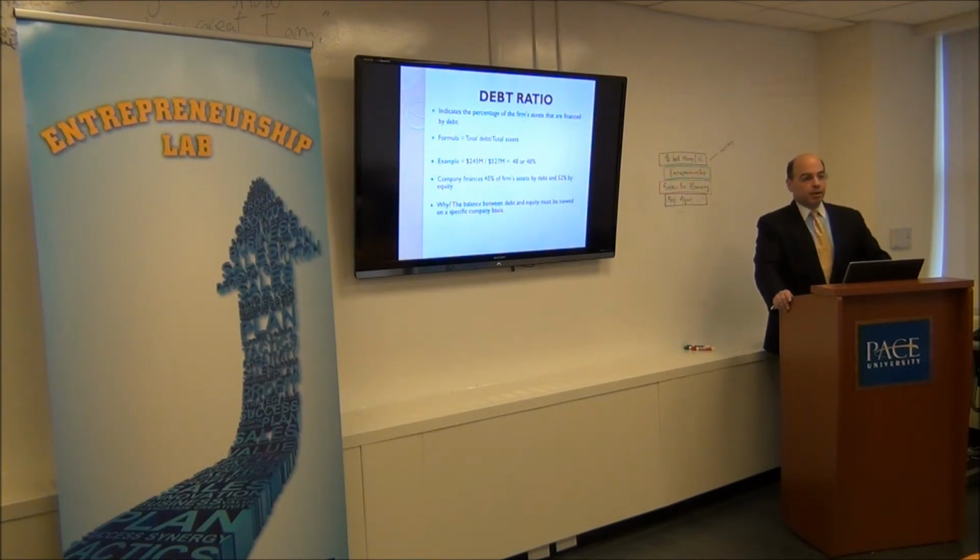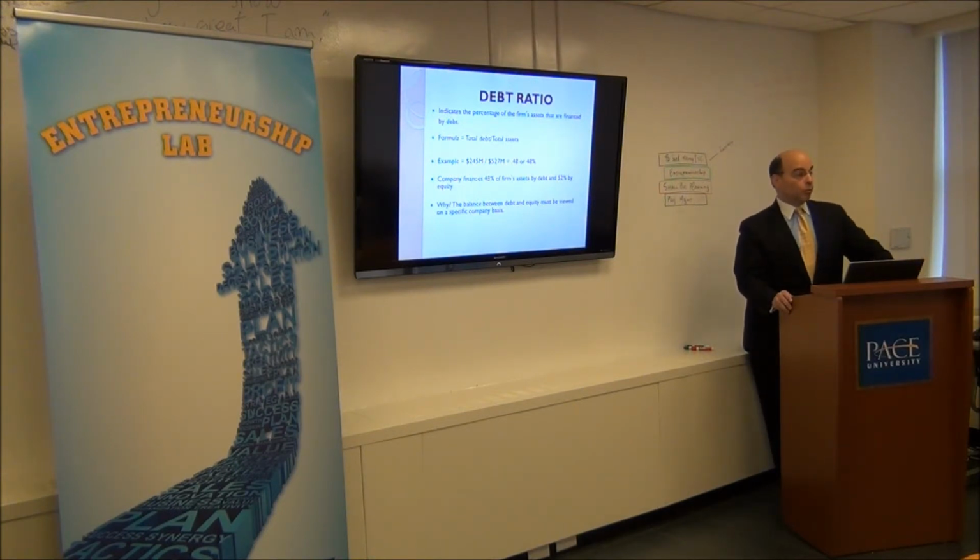You've got to look at your business and where you are, and make this decision yourself. Where am I with my business? Do I have a significant amount financed by debt versus equity? You're just asking yourself that question.